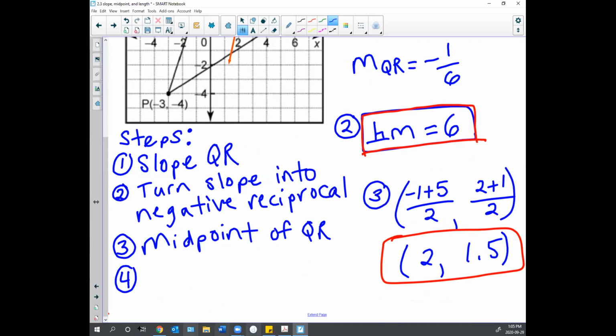What are we missing? The endpoints. I don't necessarily need the end point. Y-intercept. I need the y-intercept. Yes, thank you. So I'm looking for my b value.